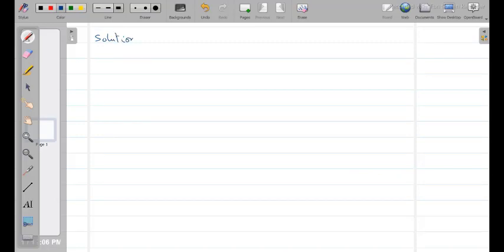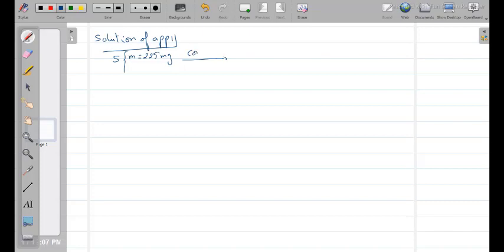Solution of application 1. We have an organic compound S of mass m equals 225 milligrams.